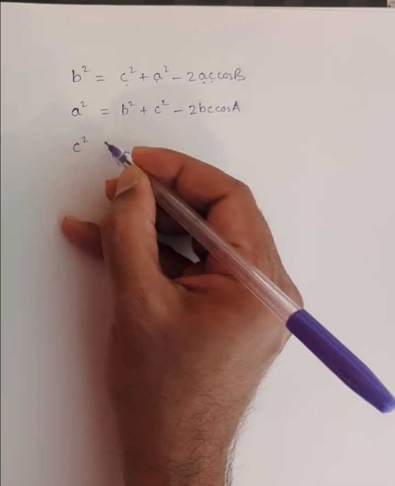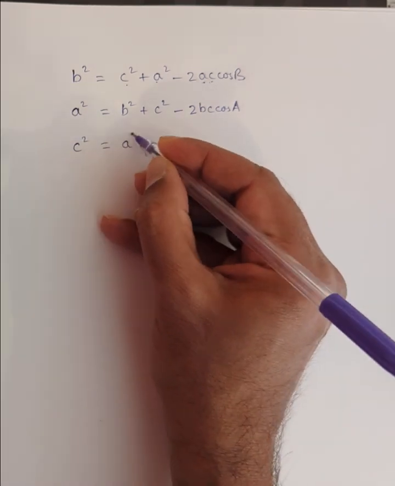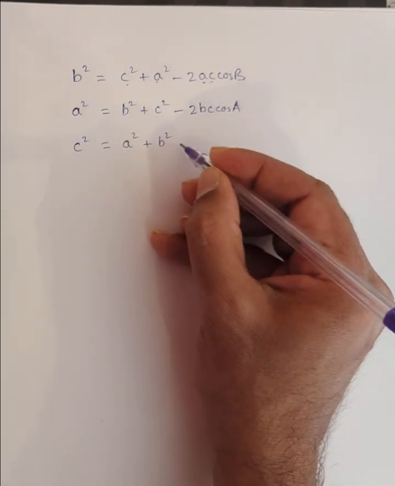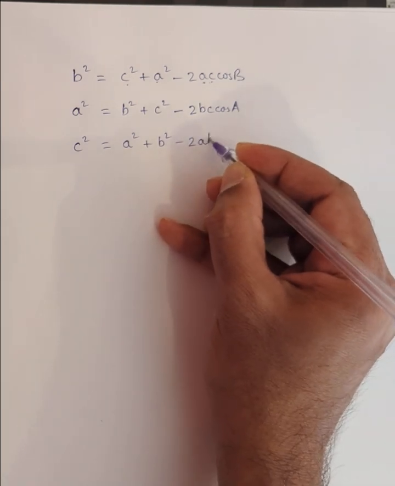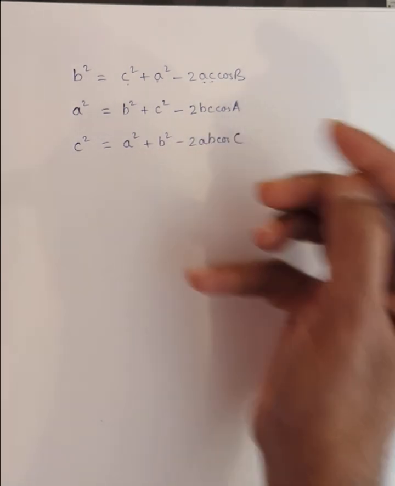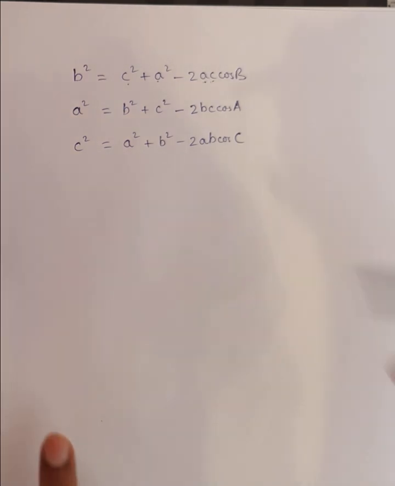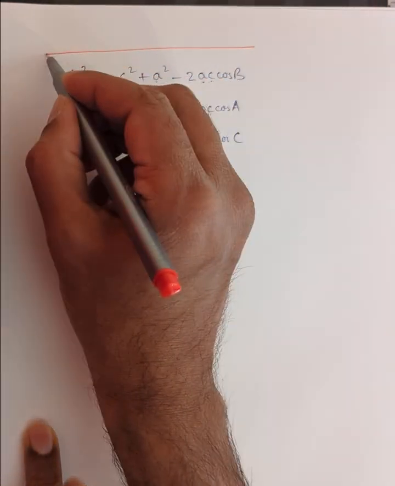And c square would then be a square plus b square minus 2ab cosine C. This is the law of cosines.